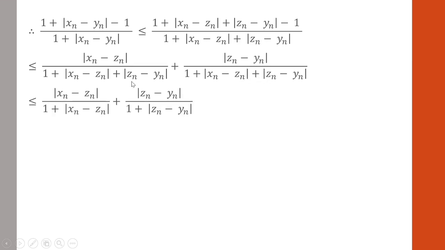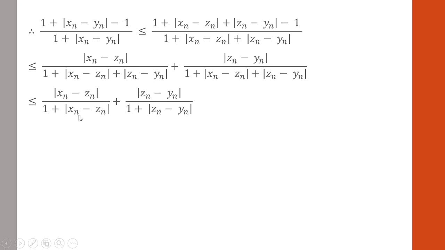Now here the absolute value of zn minus yn is positive, and therefore this value must be greater than this value. Also here the absolute value of xn minus zn is positive, and therefore this value must be greater than this value, and therefore we observe that the addition of these two values must be greater than the addition of these two values.